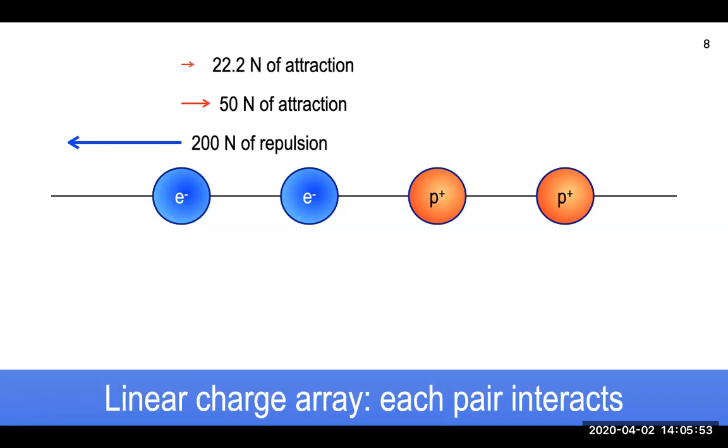To calculate this, you would go negative 200 plus 50 plus 22.2, and it's going to be a negative number. Let's figure it out here. Negative 200 plus 50 is negative 150. Negative 150 plus 22.2 is, let's see, 27.2? Anybody verify me on that?